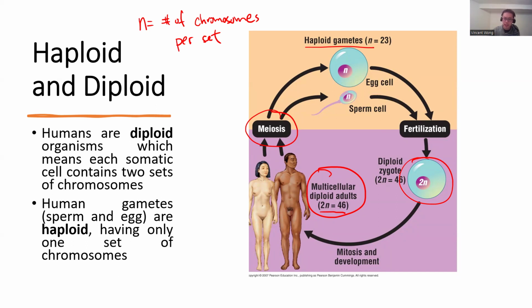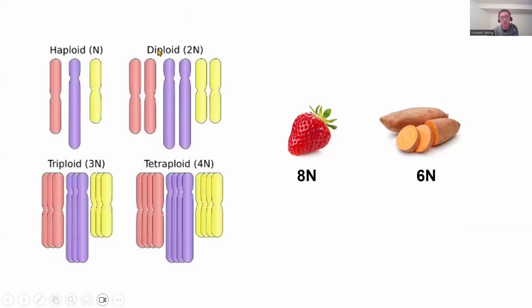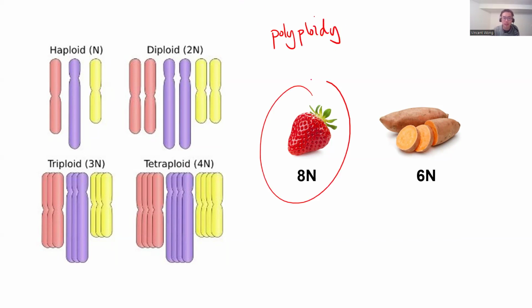Now, in other organisms, it's possible to have more than two sets. If it has 3 sets, then we say triploid. 4 sets, then we have tetraploid. But generally, if there are more than 2, we can say it's polyploid. Polyploidy, in fact. Right, so strawberry has 8 sets.